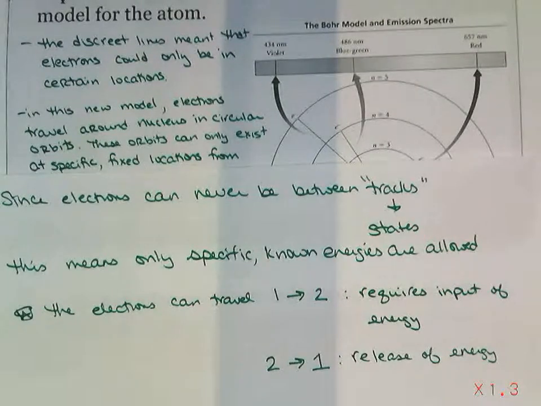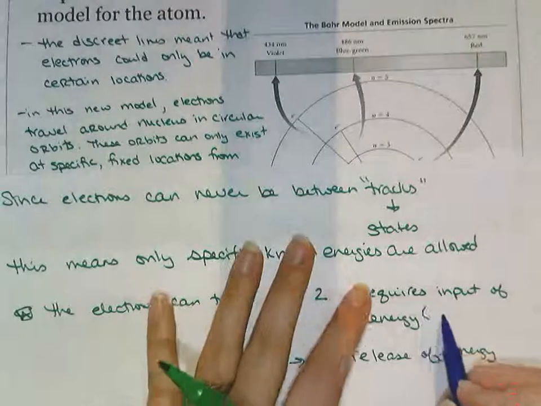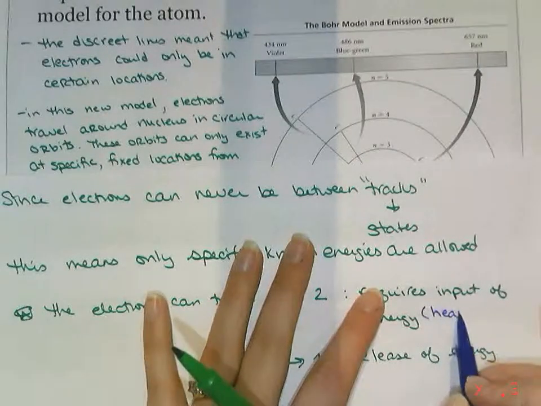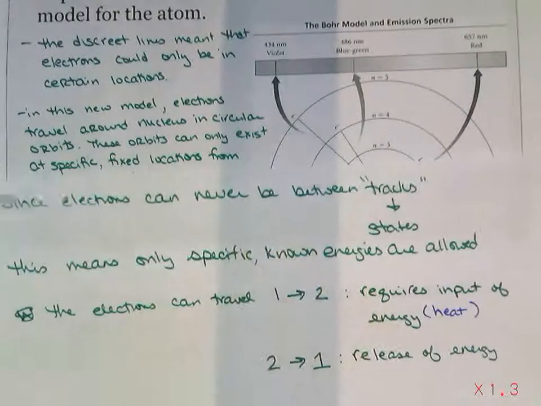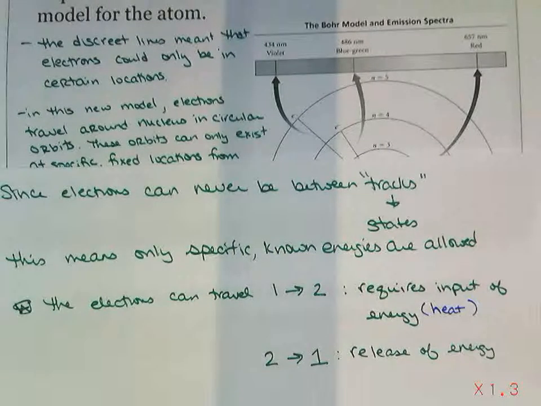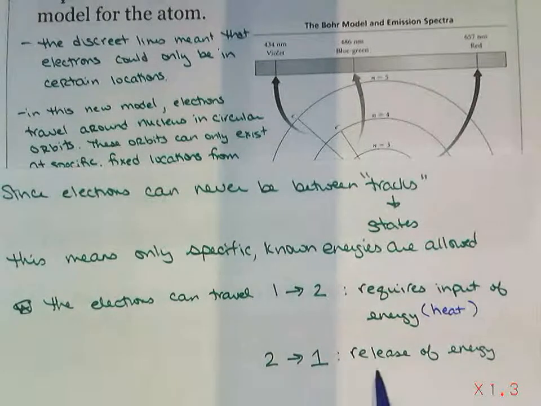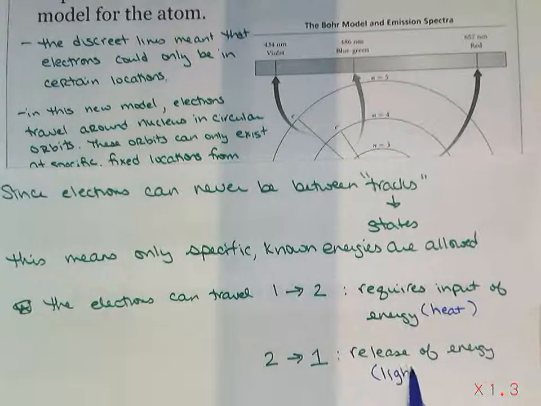So these inputs of energy are usually in the form of heat. It's the easiest one to think about, right? If you heat something up, you're adding energy to it, which can help push the electrons out. When I release energy, we're going to give off light.